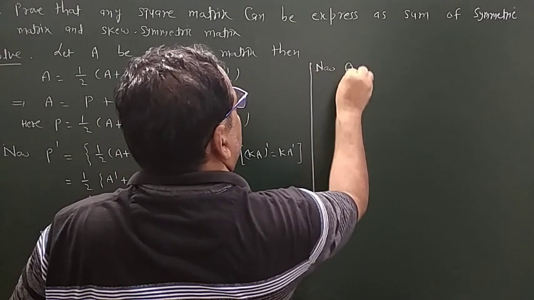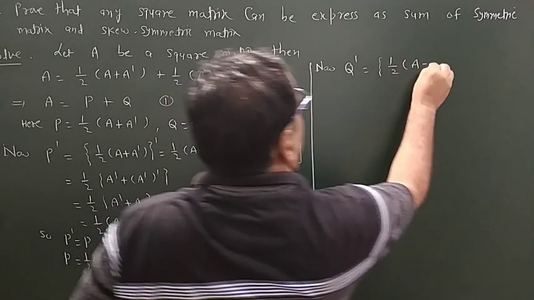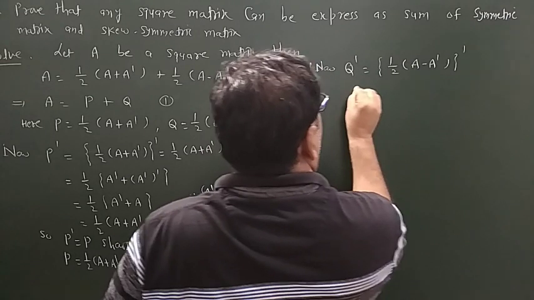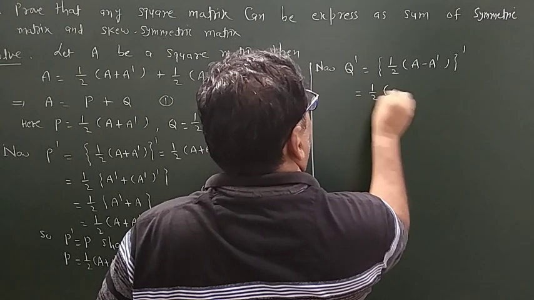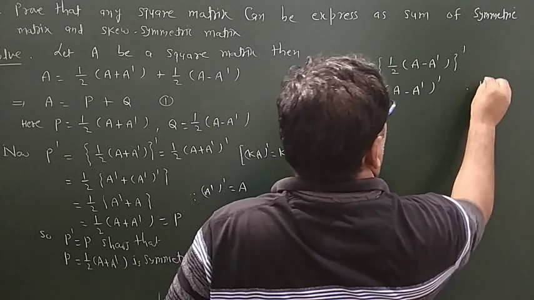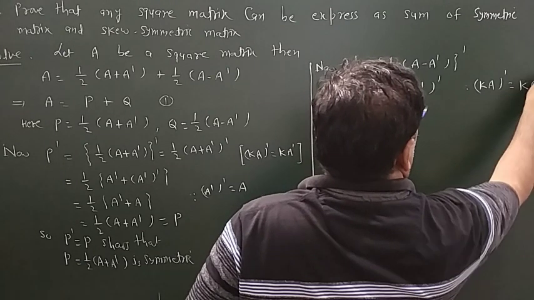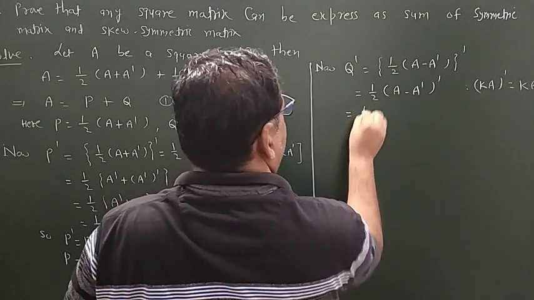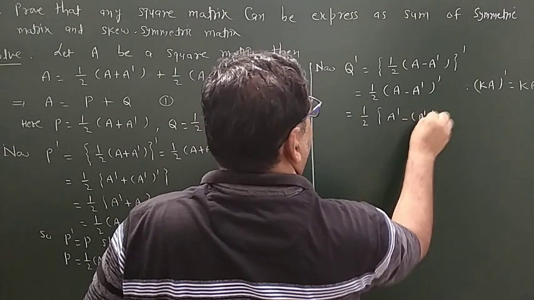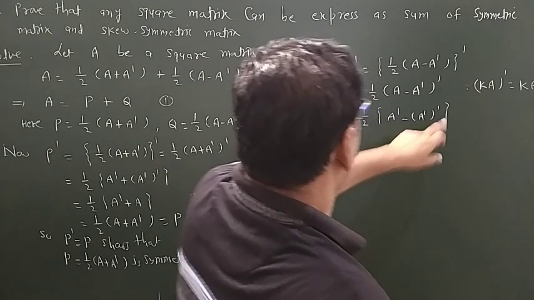So we start with Q dash. Q dash means 1 upon 2 (A minus A dash) whole dash. This equals 1 upon 2 (A minus A dash) whole dash, because (kA) whole dash equals kA dash. Next step becomes 1 upon 2 (A dash minus A dash dash), since (A minus B) whole dash equals A dash minus B dash.